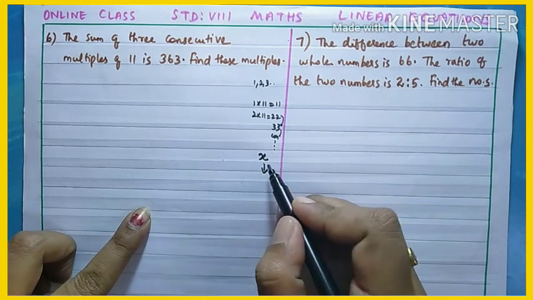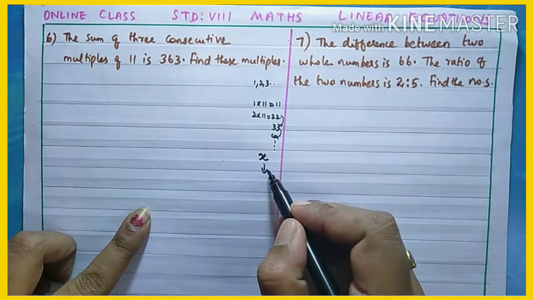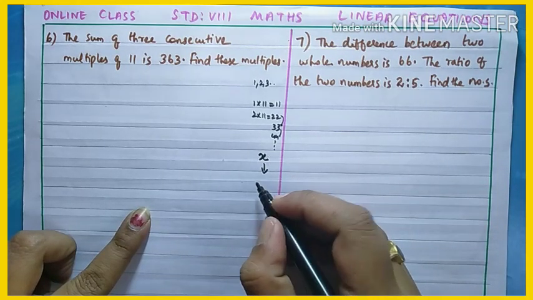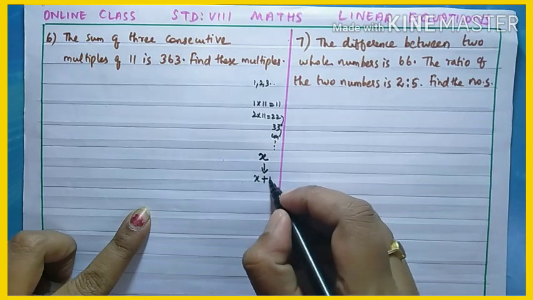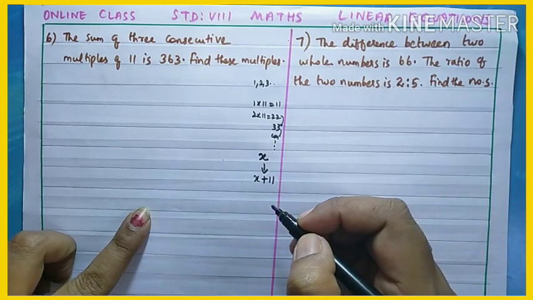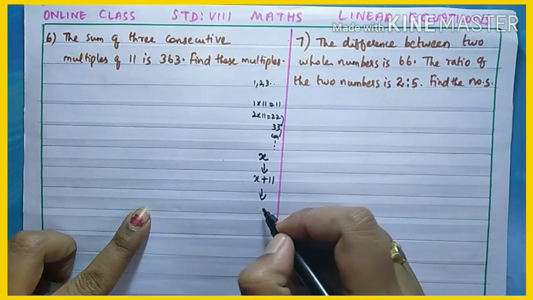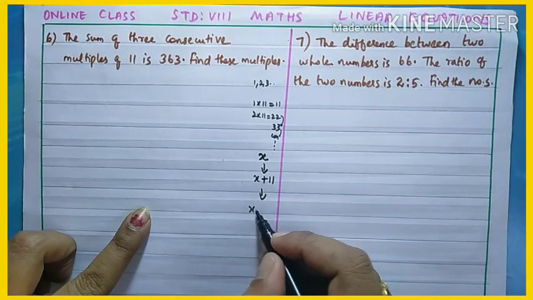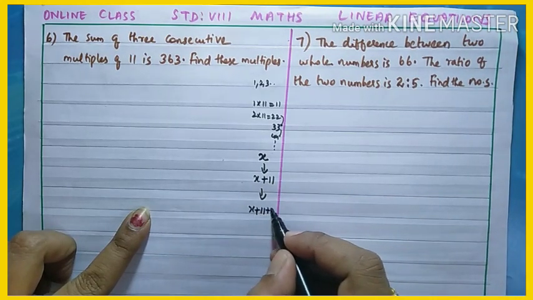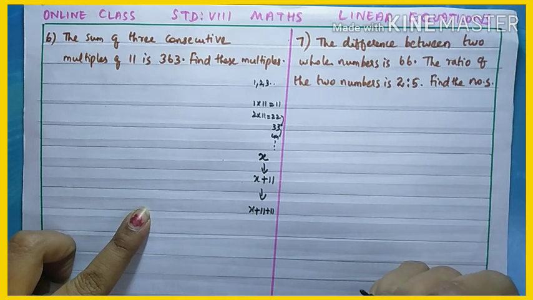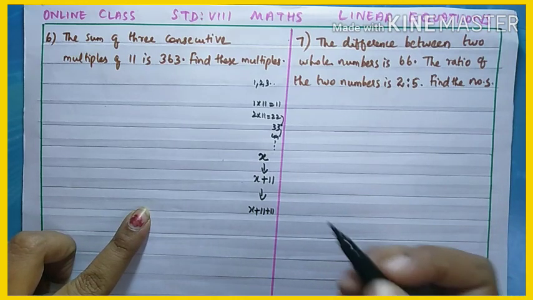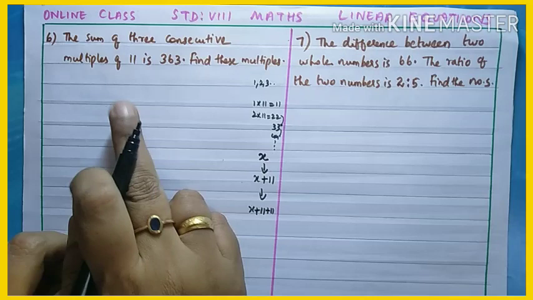Similarly, if I am taking the first multiple as x, what will be the next multiple? This x plus 11, correct? So what will be the next multiple? With this x plus 11, again I want to add one more 11. Okay, got the idea? So this is what we are going to apply in this problem.